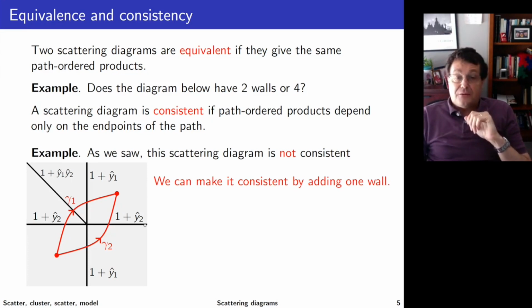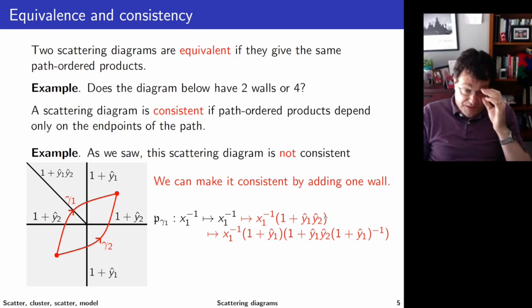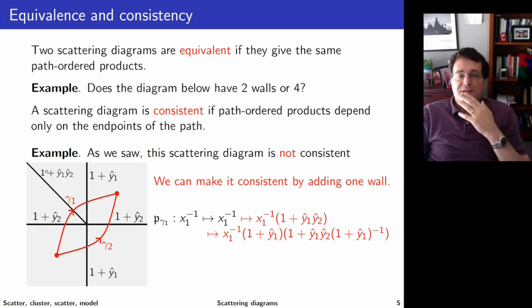And if we now do this operation, we think about what gamma 1 does to x1 inverse. First step still does nothing, but the second step does do something. We end up adding one power. Again, I'm not expecting you to follow quickly enough to see why, but we multiplied by a power of the scattering term: we replaced x1 inverse by itself times the power of the scattering term for the wall that we crossed.